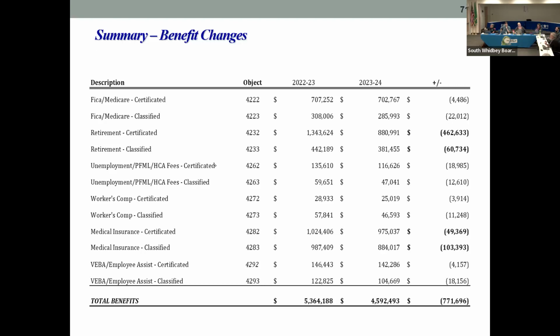And then anything that is based on number of people, like medical insurance, we have fewer people, we're going to pay less medical. Even though it goes up slightly, the number of people offsets that difference. And then retirement and FICA and Medicare are predicated upon salary. So the fact that we're reducing salary changes that too. So this has actually been very beneficial, especially the retirement part of it.